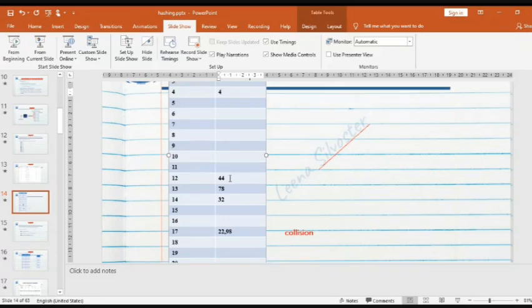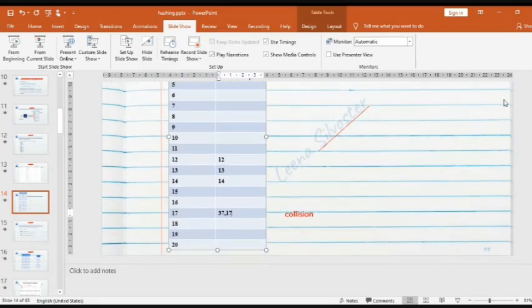No. 11? No. 12? 12. Key is 12. What about 13? 13. What about 14? 14. 15? No. 16? No. 17? 17. And 37. Key value is 37. 17 and 37 are at location 17. What about 18, 19, 20?